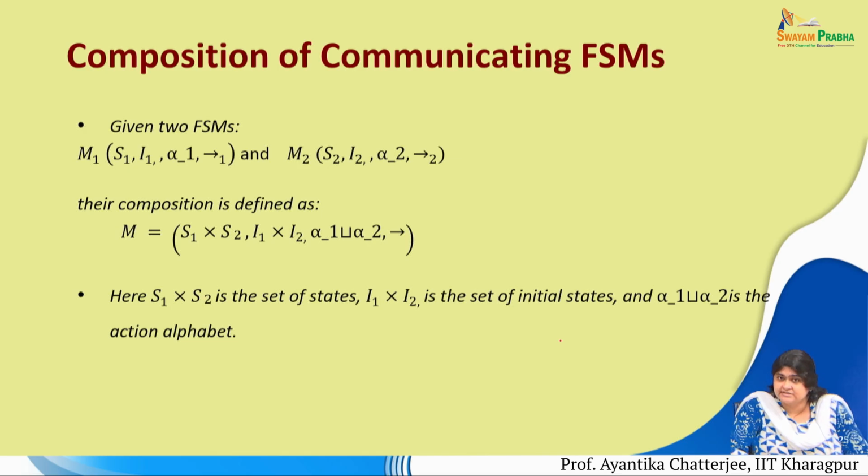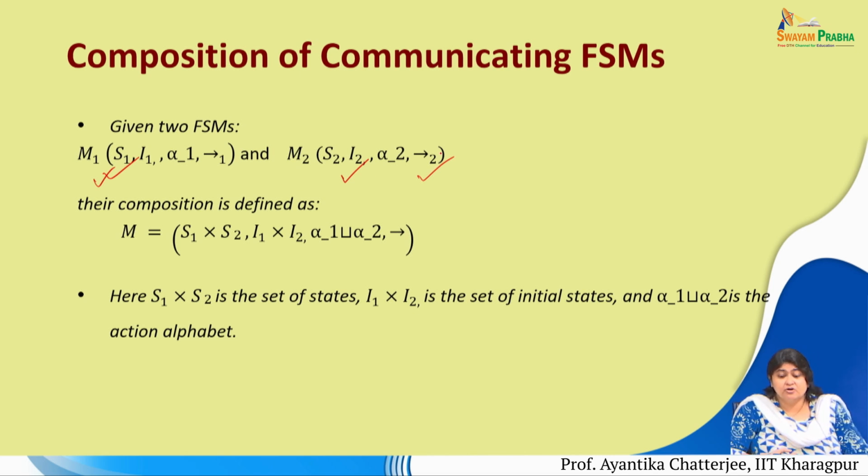Whatever we have discussed in our general definition of FSM, we have considered states, initial states and the transitions. So, this is for M1, S1, I1, and transition 1; for M2, S2, I2, and transition 2.